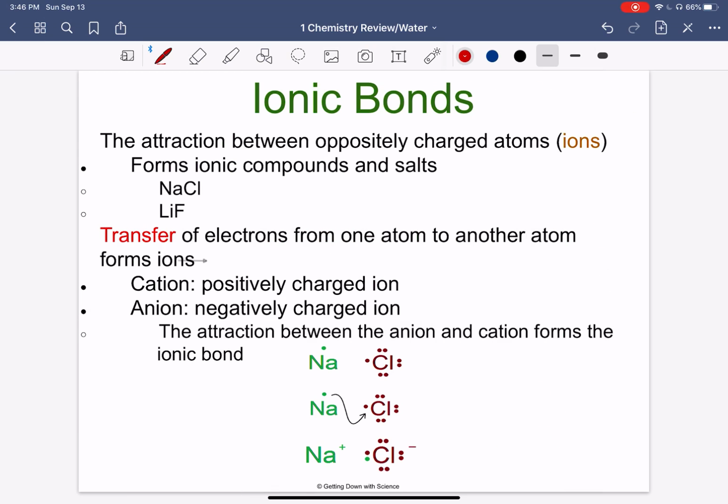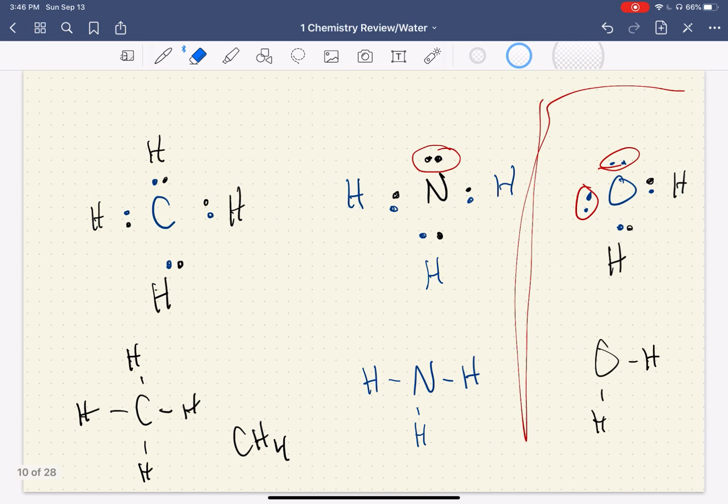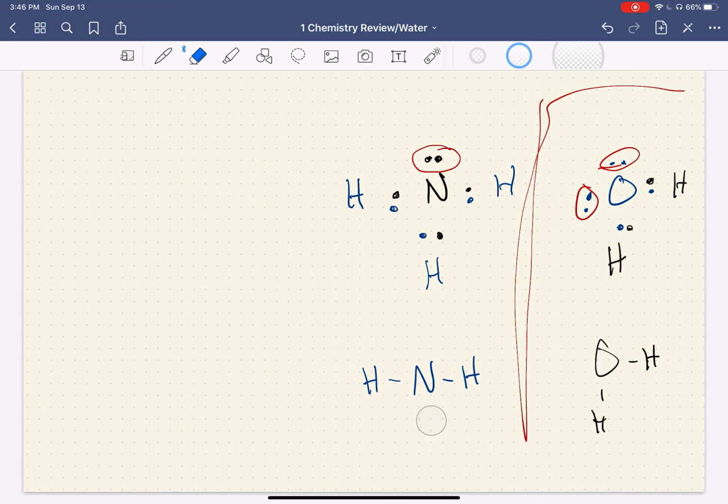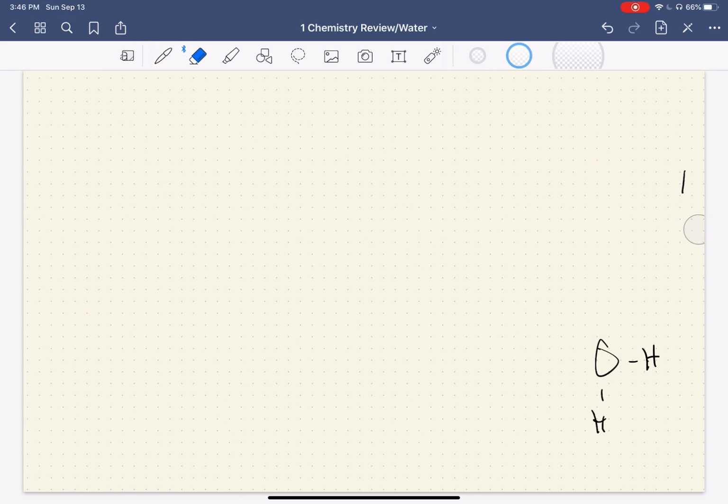Some ionic bonds. Here's some interesting stuff here. In fact, let's go back here and erase all this, and I'm going to show you things like sodium and chlorine. So sodium has 11. I showed you that before. So it's got the 1, 2, and then 3, 4, 5, 6, 7, 8, 9, 10, 11.